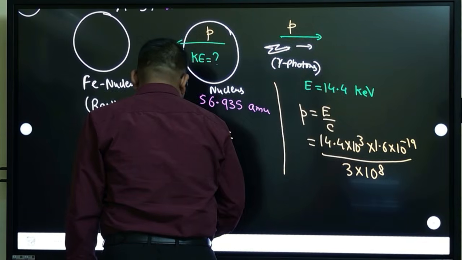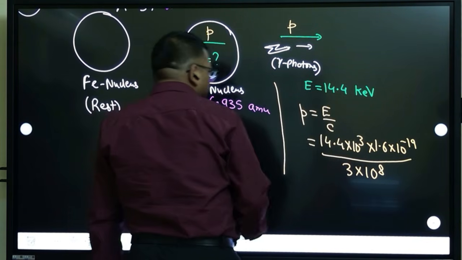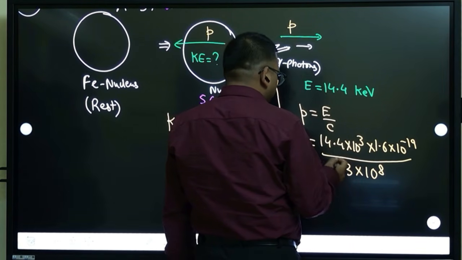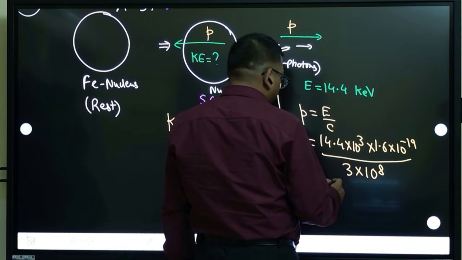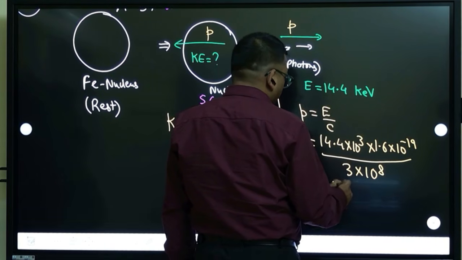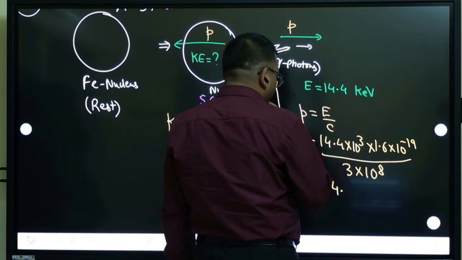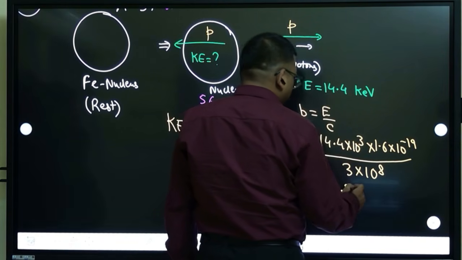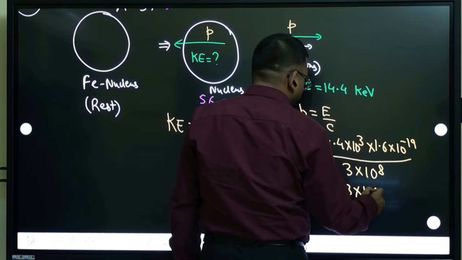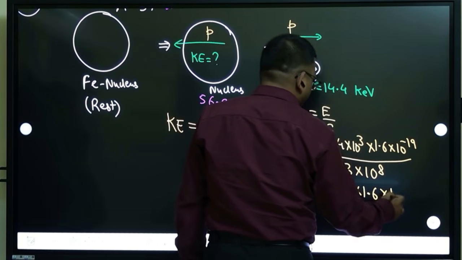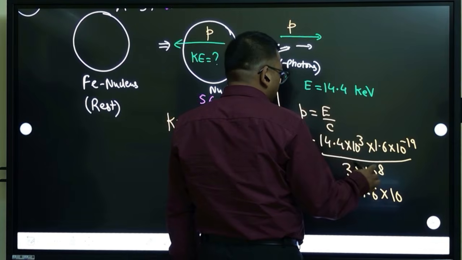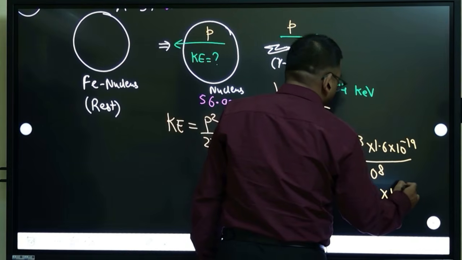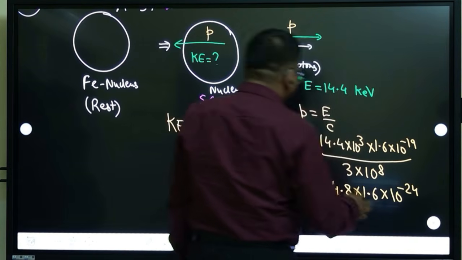I think 3 4s are 12, so 4.8 will come, into 1.6, and here 10 to the power minus 19 and 10 to the power 5, so minus 24. This is what the momentum is.